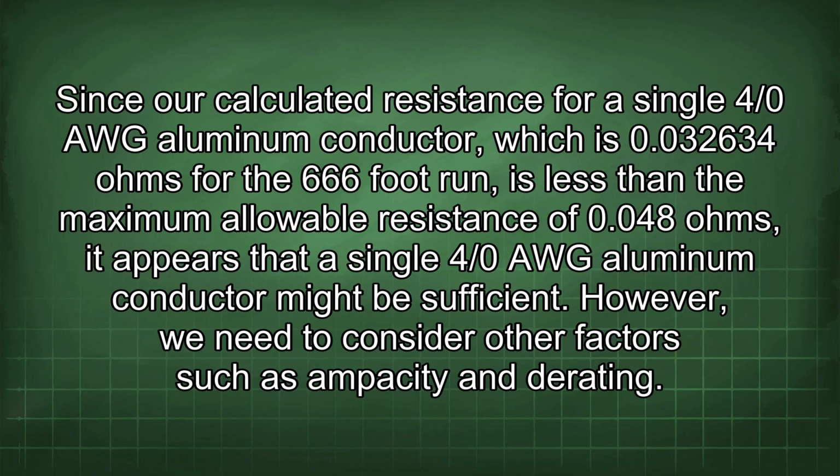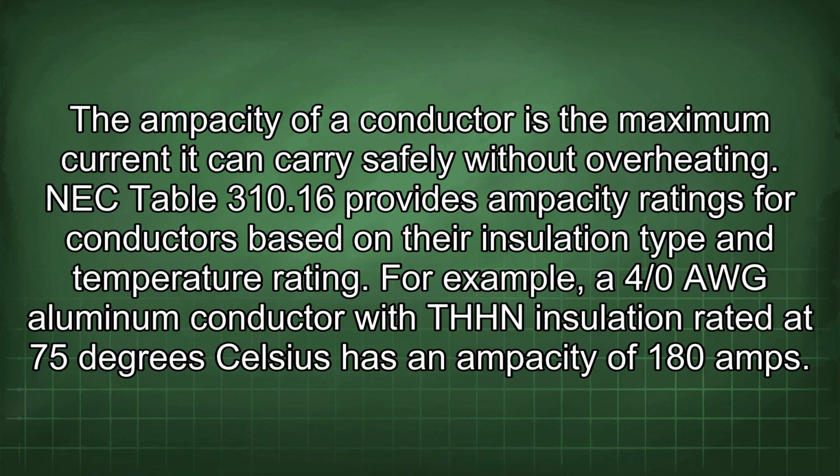However, we need to consider other factors such as ampacity and duration. The ampacity of a conductor is the maximum current it can carry safely without overheating. NEC Table 310.16 provides ampacity ratings for conductors based on their insulation type and temperature rating.